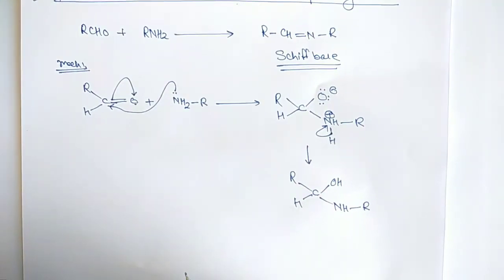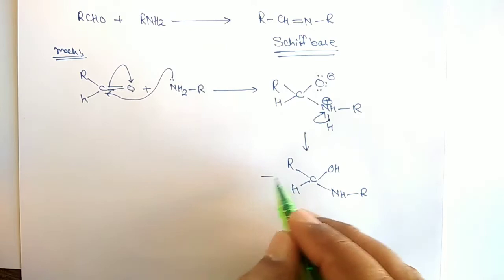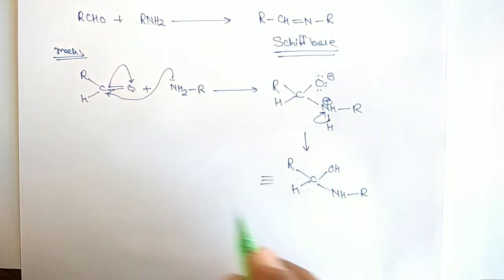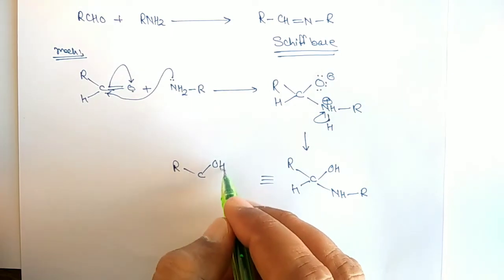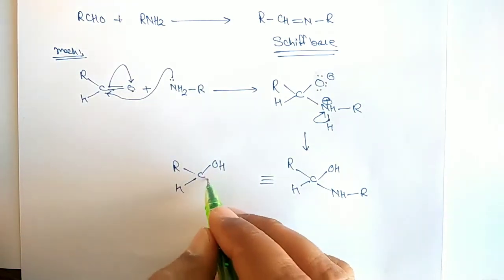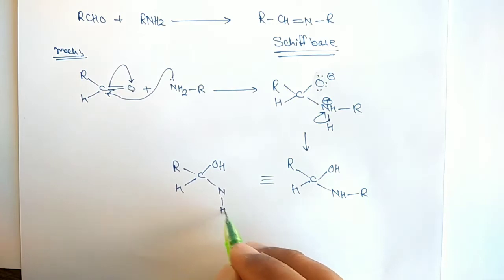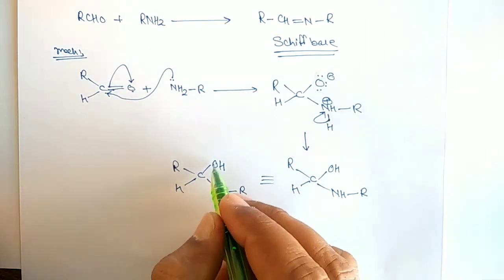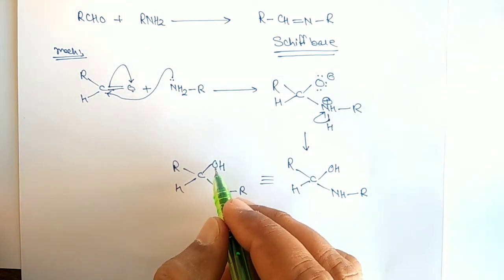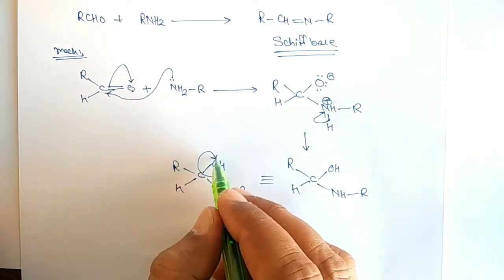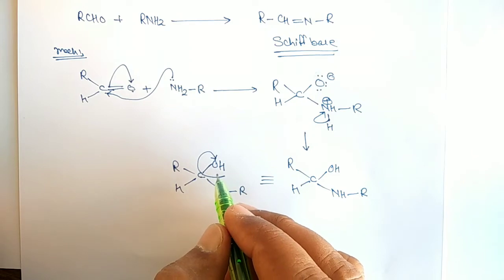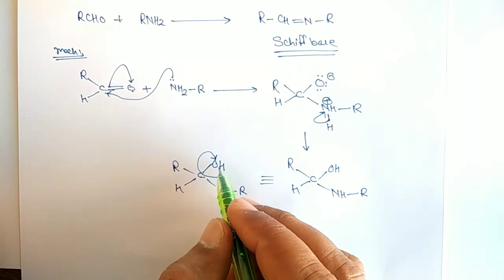Now what will happen in the next step? If I write this complete like this way, here is R, here is OH, and here is H, here is N, here is H, and here is H. Now this OH is here, oxygen's electronegativity is more than carbon, therefore this OH negative will be removed from here.